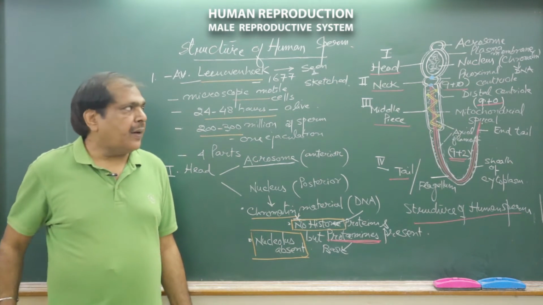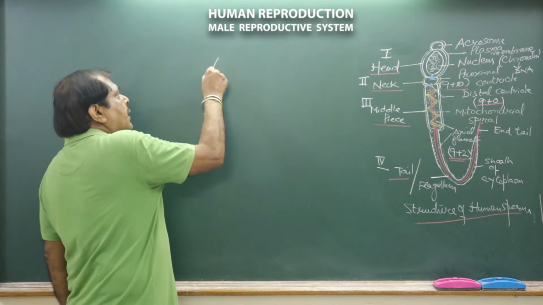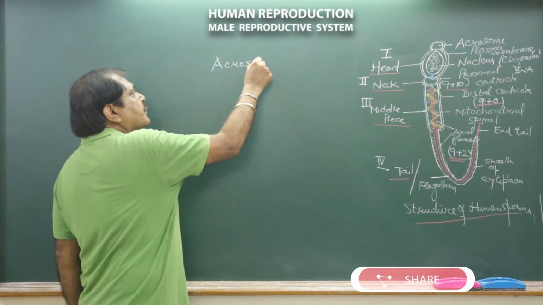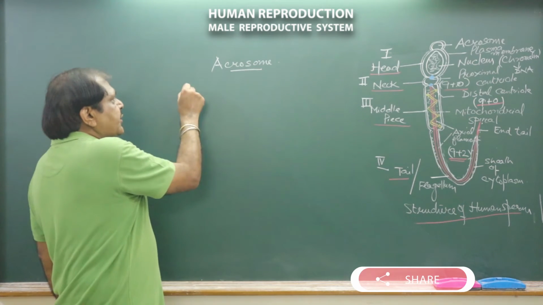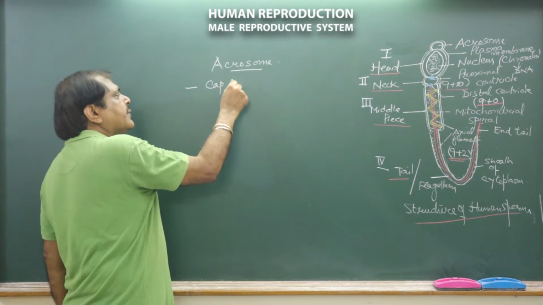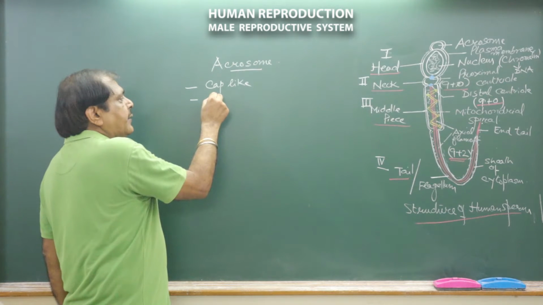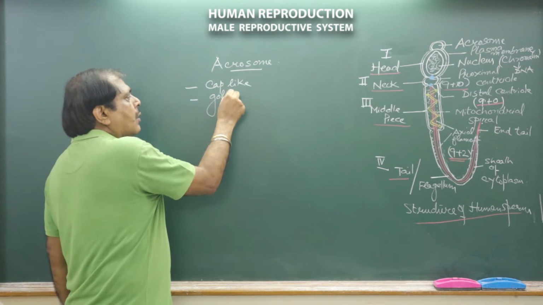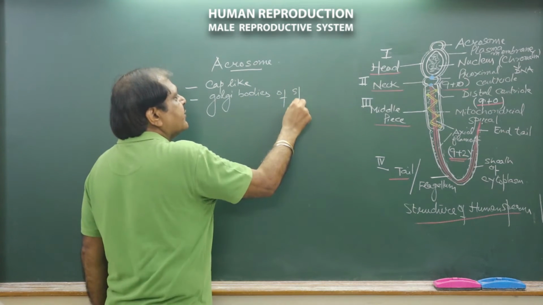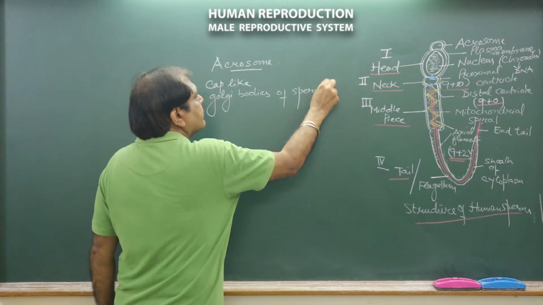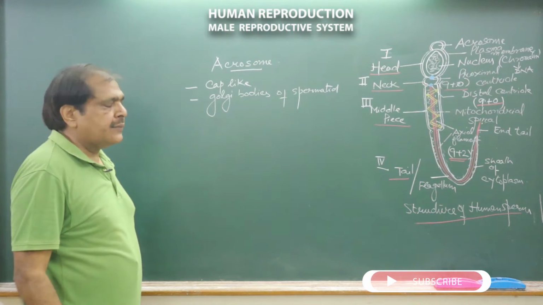Now we talk about the acrosome. It is a cap-like structure. This acrosome is formed by the Golgi bodies of spermatid.